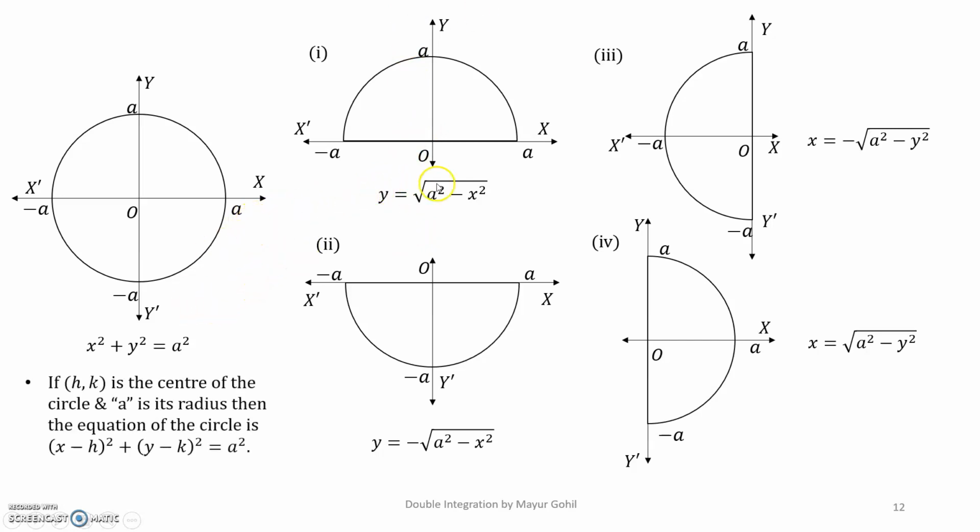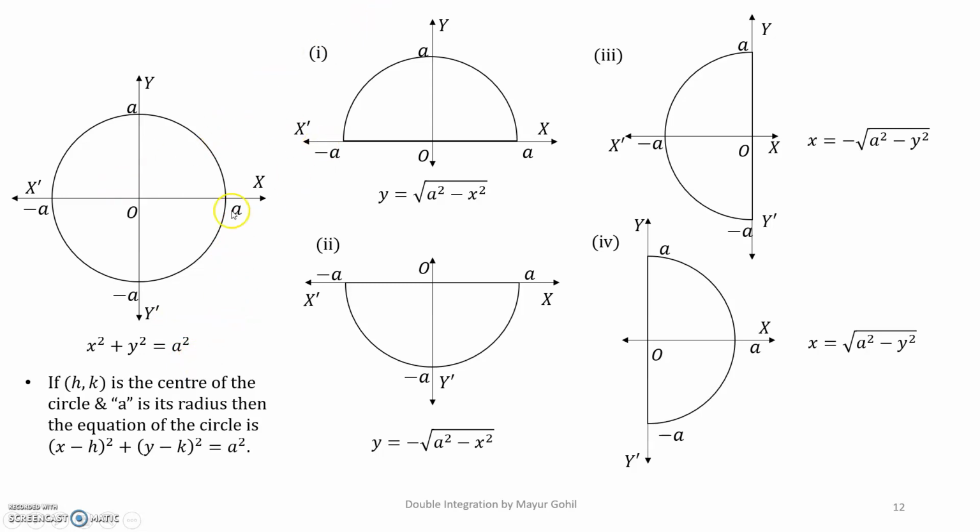We know that if (h, k) is the center of the circle and a is the radius, then the equation of the circle is given by (x minus h) the whole square plus (y minus k) the whole square equals a square. Using this equation, you can see that the center of x square plus y square equals a square is the origin, (0, 0).